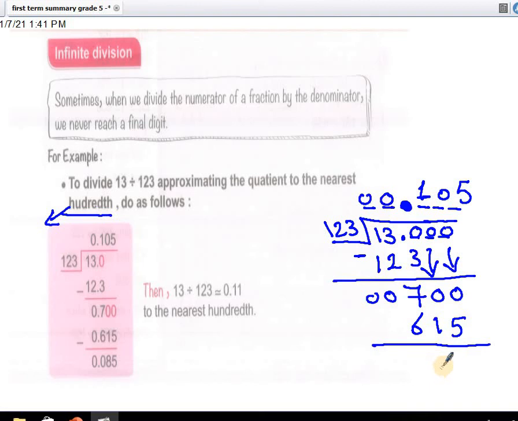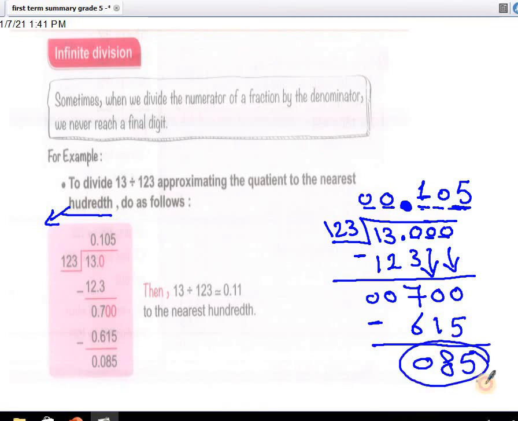Okay, I finished here. My result will end here, because I need only 3 places after the decimal point. So here I'm going to subtract, yes, this is the remainder, 85.